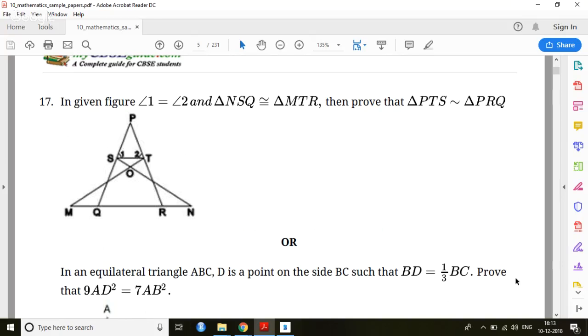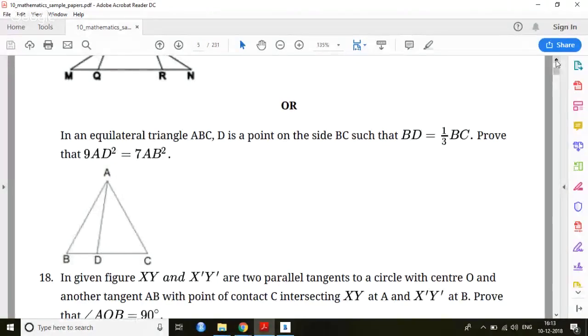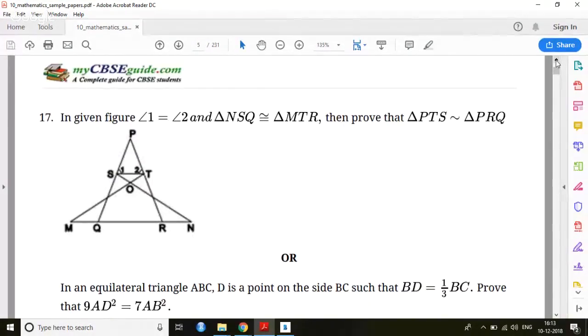Question number 17 is either this question or this question. Guys, don't discuss among yourself.